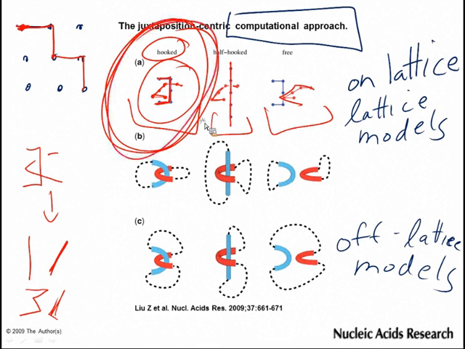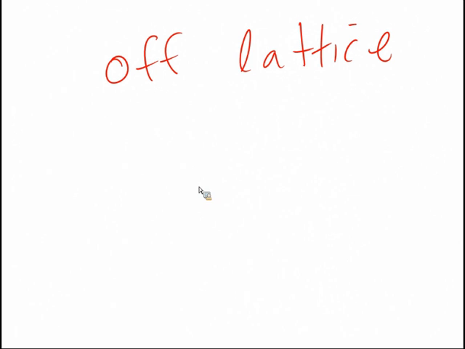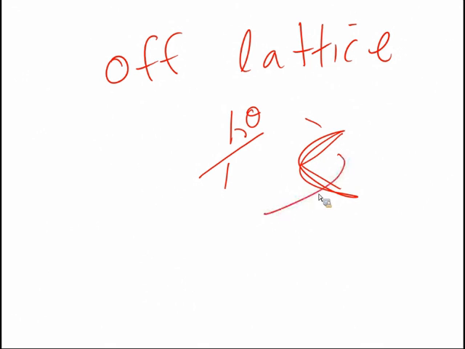You can do lattice models, and I forgot to mention for the off-lattice model, you might be looking at sort of angles. So maybe you look at the angles between the crossings, and depending upon various things, you might force the bend. So you might put your topoisomerase specifically in a bend.